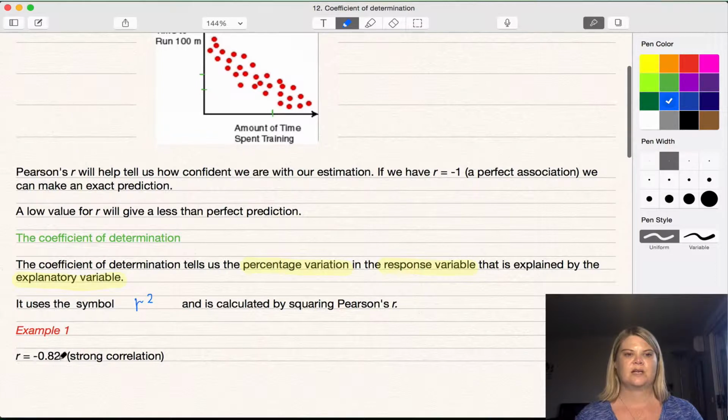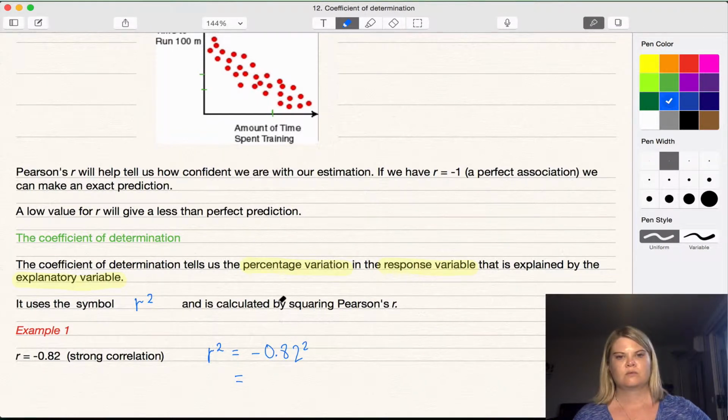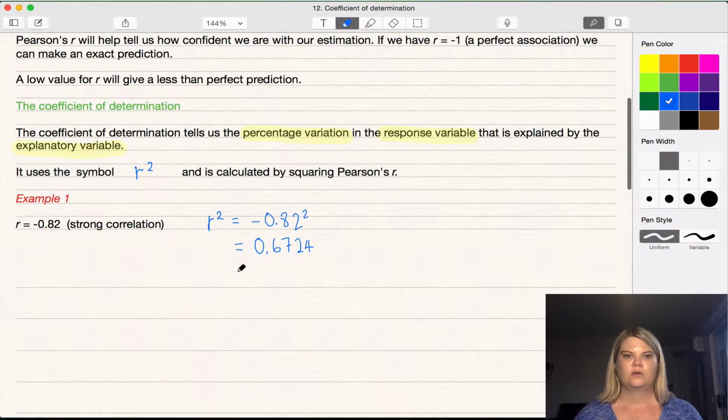Here's an example, and this is the example I've got up here. If R equals -0.82, so it's a strong negative correlation, R squared, using your calculator, would be -0.82 squared, which equals 0.6724, which is 0.67 to two decimal places.